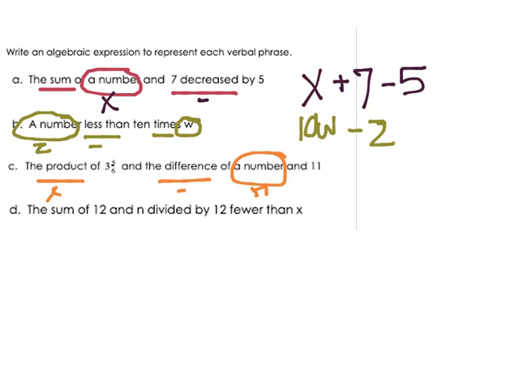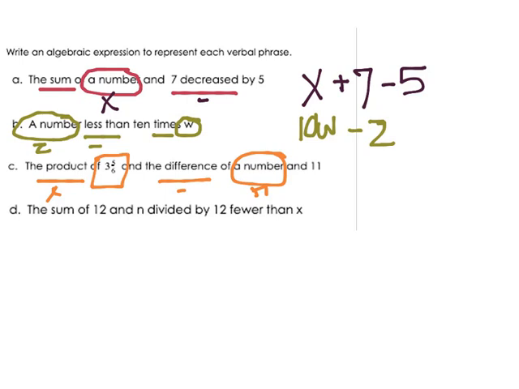Okay, so now I have to think critically. If I'm going to find the product, meaning I'm going to multiply this mixed number by the difference of a number and 11, I need to first find what the difference of that number and 11 is before I can multiply it by 3 and 5/6.